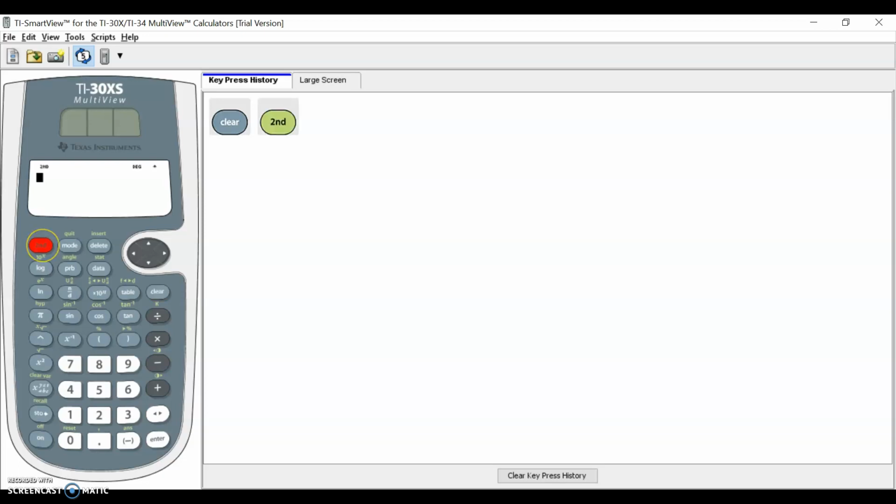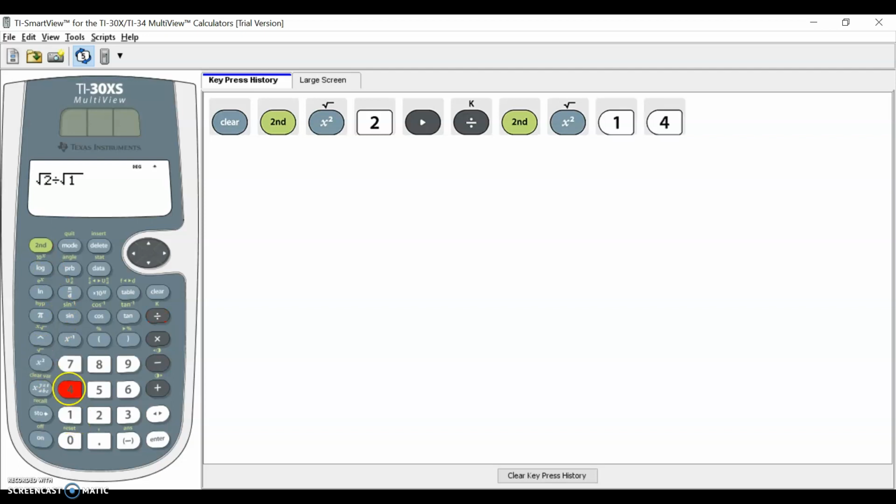So let's see, second squared is our square root key, and that's 2. Then I'm going to arrow over, so I get my cursor outside the square root, and then I'm going to do divided by the square root of 14, and then I'm going to hit enter, and that gives me square root of 7 over 7, which is the simplified version of this.